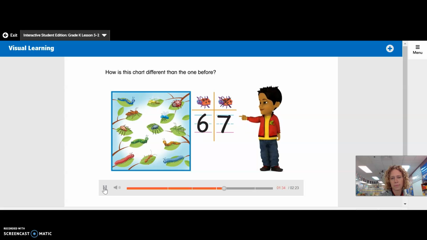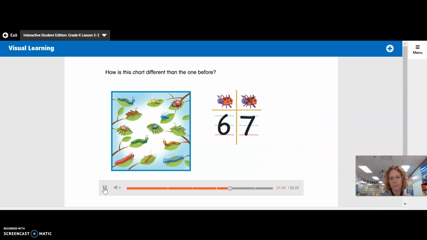How is this chart different than the one before? In this chart, there are no tally marks. There is just one number in each category. Do the numbers match the number of tally marks you counted? Yes, the numbers match the tally marks.